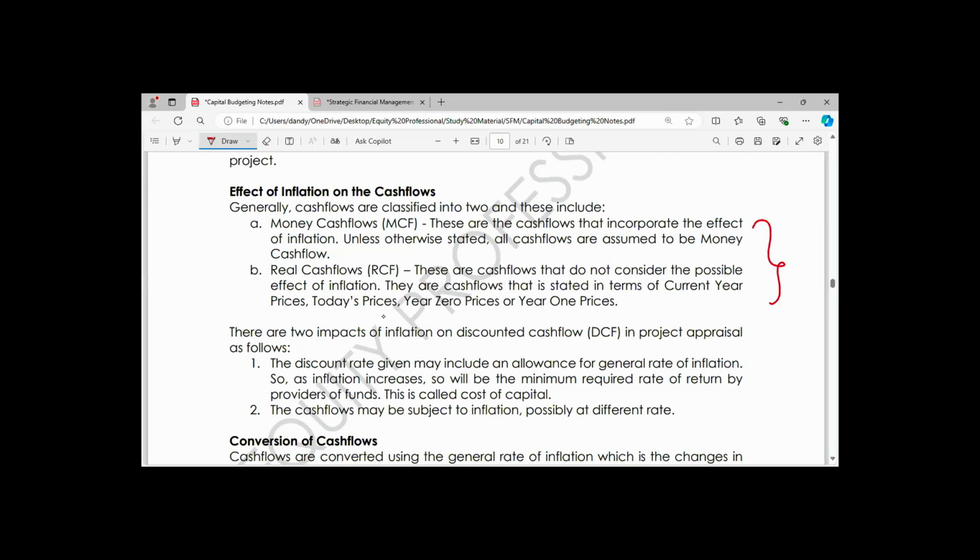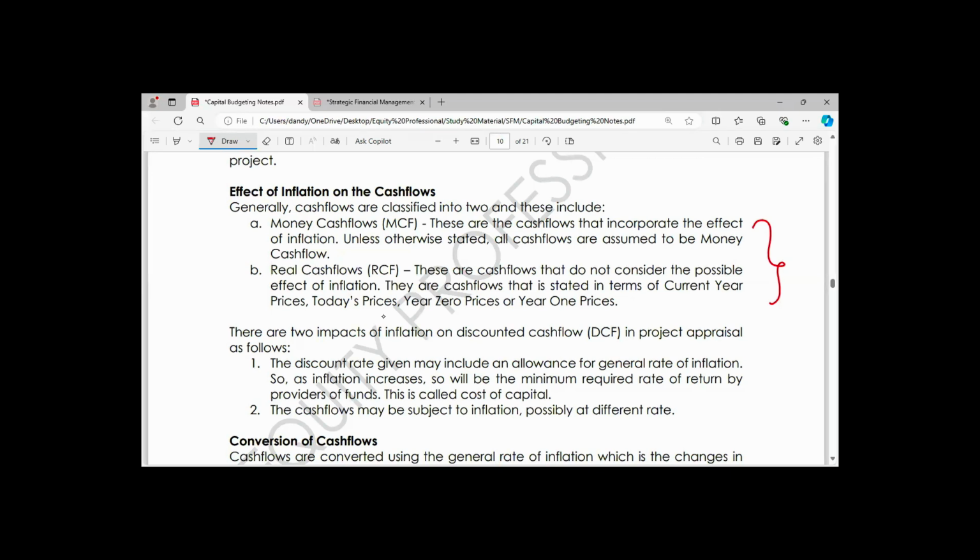When an examiner tells you that they are in today's prices or current value terms or year one prices, you should know that they are real cash flow. And real cash flow does not include inflation. Okay, so that is that.